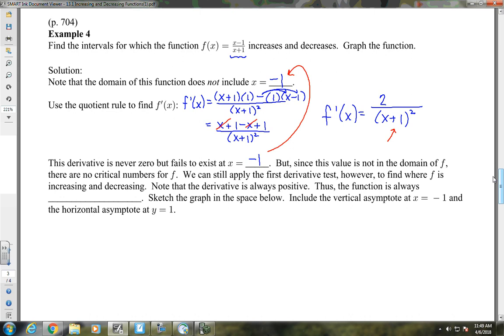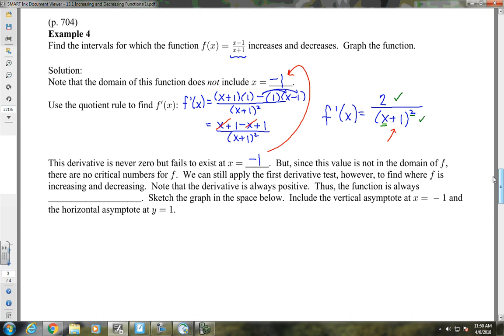However, I can look at the left of -1 and the right of -1 to figure out if my function is increasing or decreasing. Another reason that this derivative is easy to use is because, well, notice the number in the top, it's always positive. And no matter what I plug in for x right here, when I square this factor, it's also always positive.